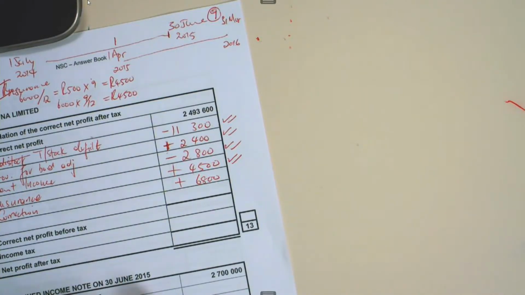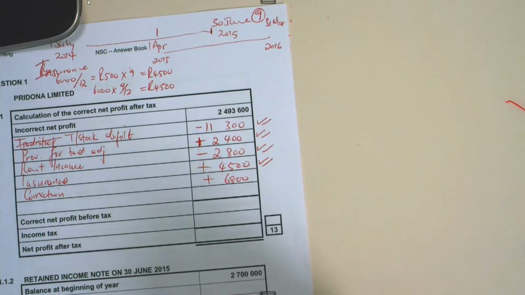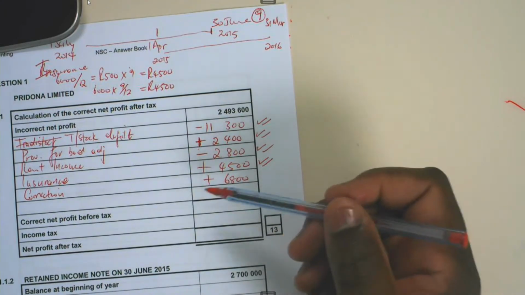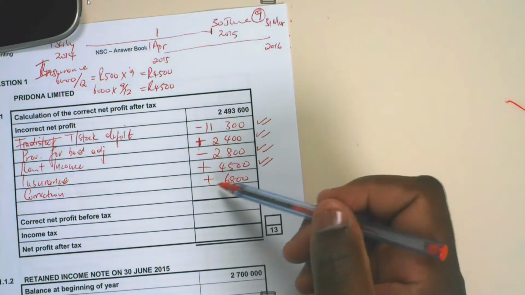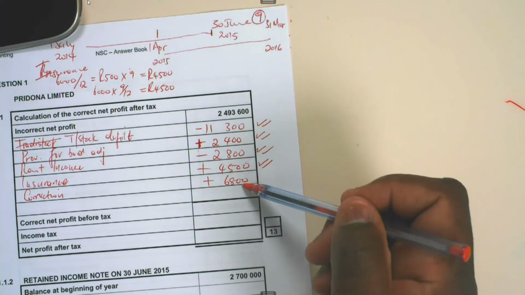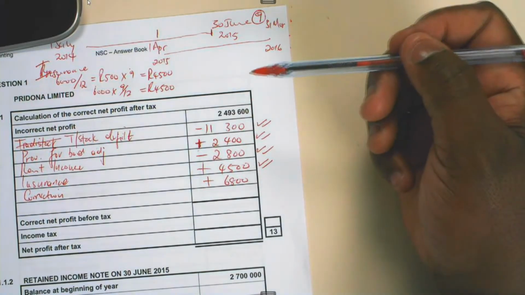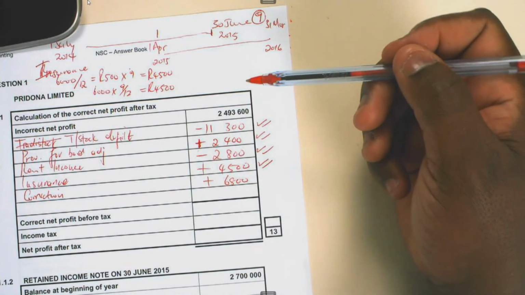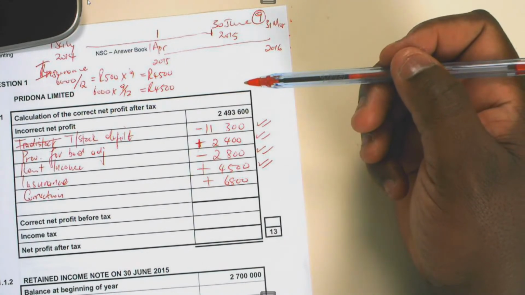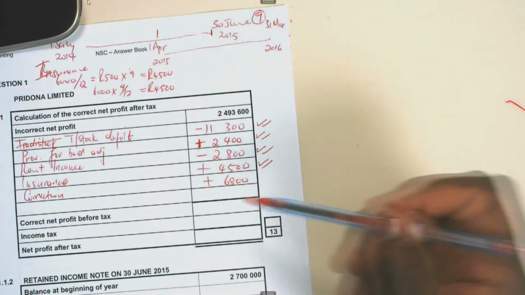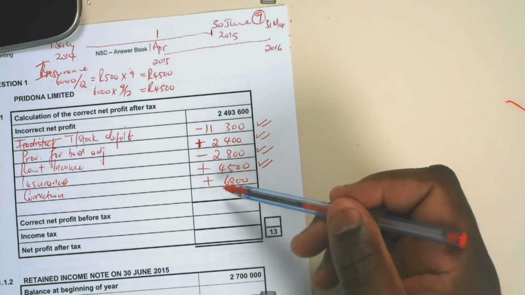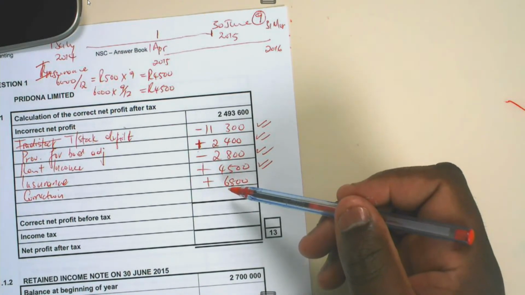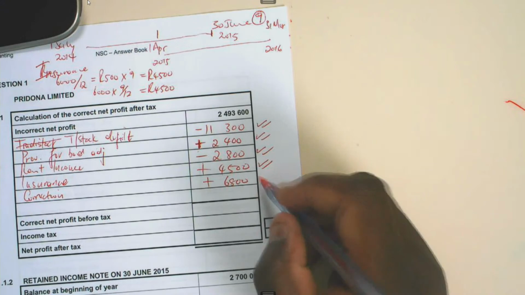That will be the correction of an error, because now instead of recording this 6.8 as an income, they've recorded it as an expense. That is why we add back. When we add back, we correct the error.